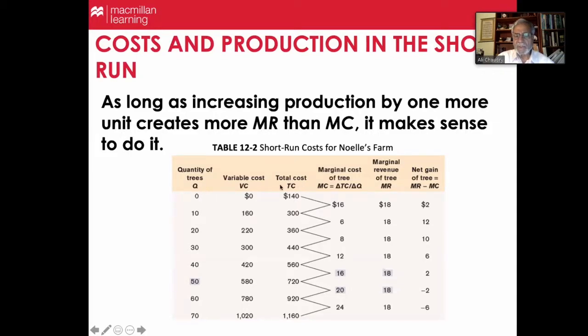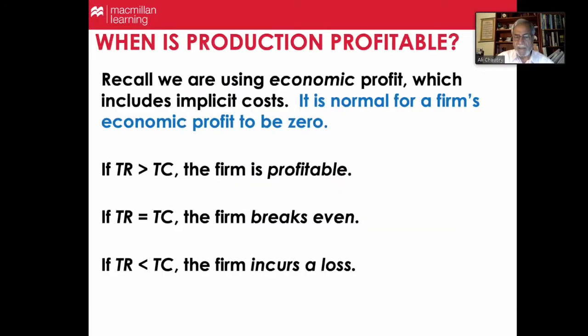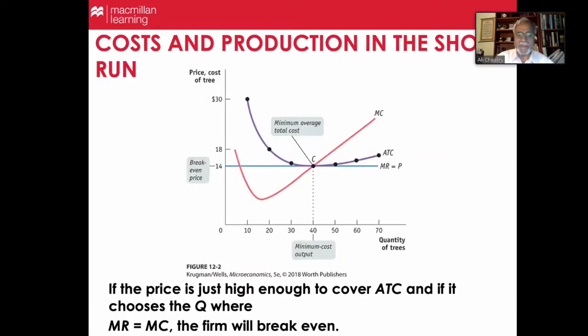Okay? So TC divided by Q would give us the average total cost of the firm, average per unit being produced. So we see this picture, starting off at a high cost of 30, and then coming down and intersecting with the marginal cost curve.